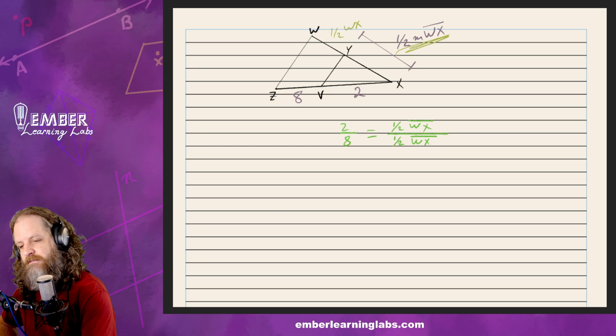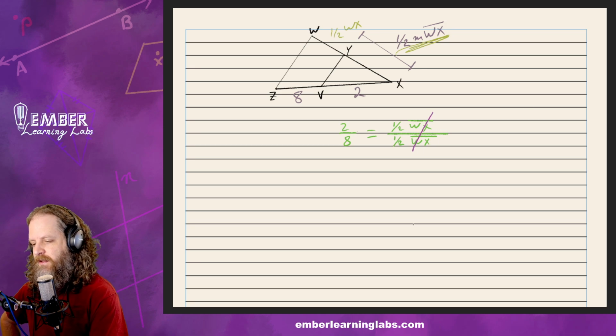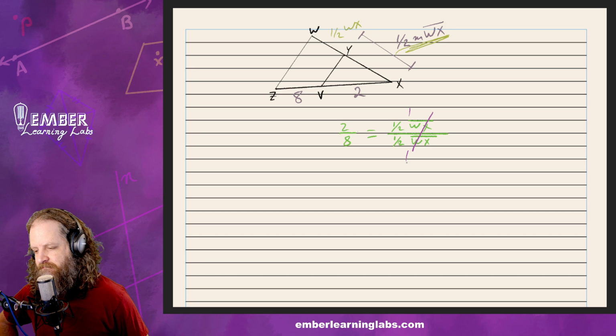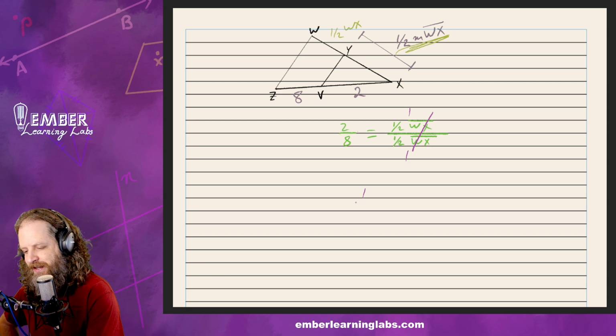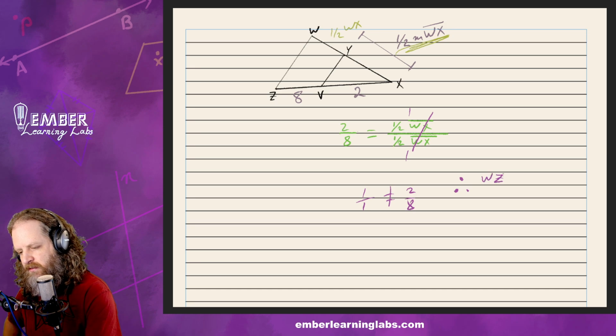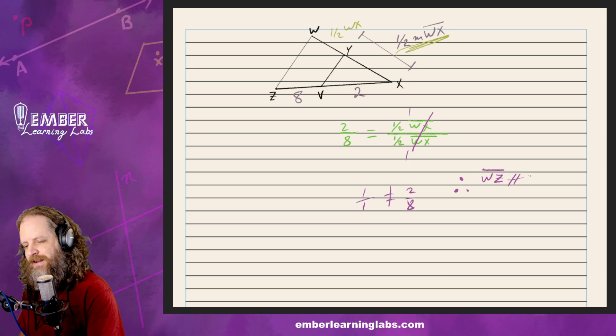Yeah, this ends up being 1/1, which is what you said, right? And 1/1 doesn't equal 2/8. Is that what you're telling me? Yeah. So therefore, WZ is not parallel to YV, right?